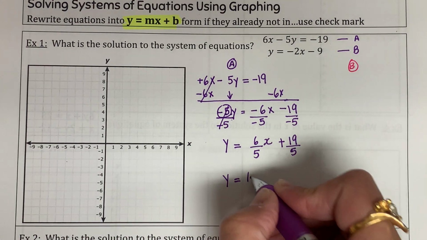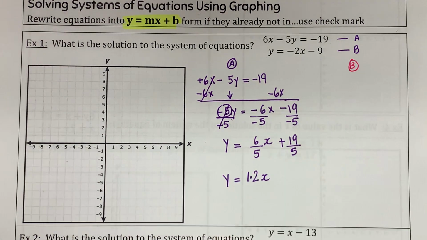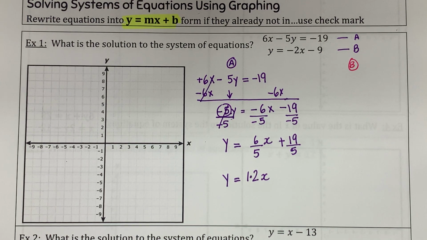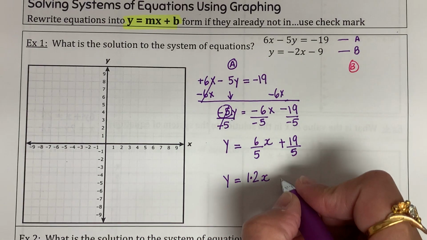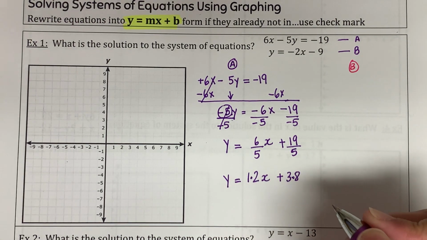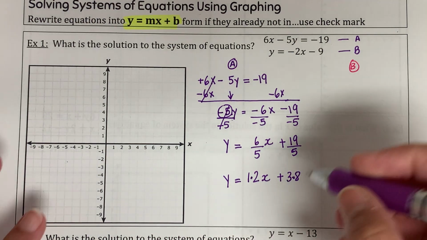Since I'm using the calculator, it doesn't matter. I'm just going to convert these to decimals. So that's A.